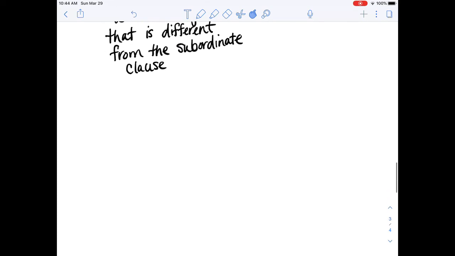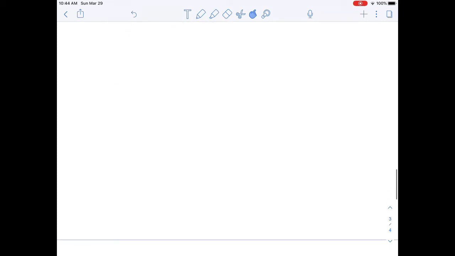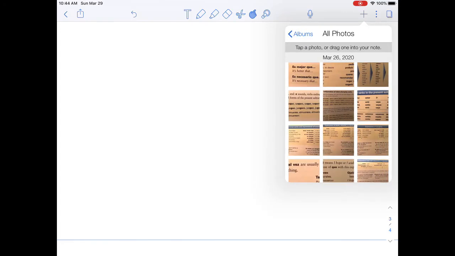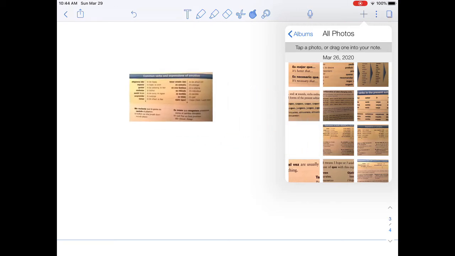So what I want to do is add in those verbs of emotion so that you can see them. It's really important that you memorize these and what they mean so that you know that when you're using them in the main clause, you're going to go ahead and use the present subjunctive in the subordinate clause. So give me just a second, and I'm going to find the ones that we need.